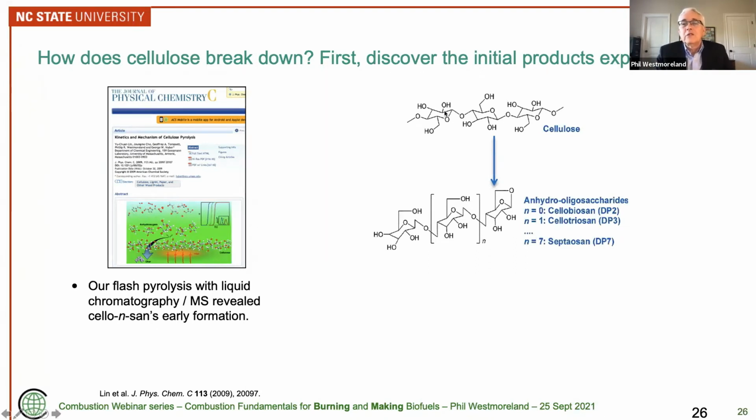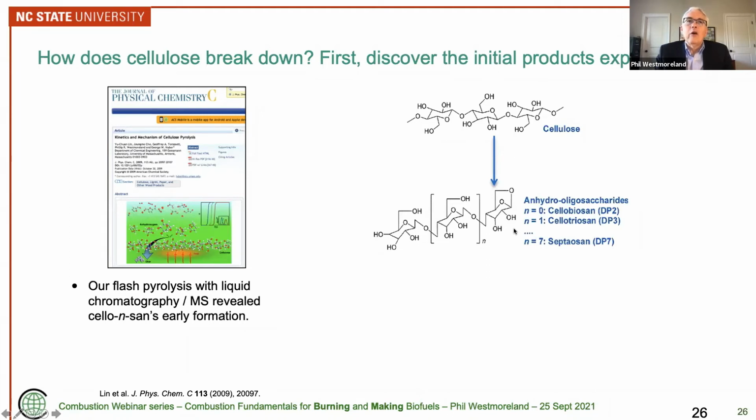Here's our cellulose, sort of just a stick figure version with these glucose rings, a polyglucose. And then what we were seeing was that we were forming a glucose attached to a levoglucosan, a diglucose attached to a cellobiose, attached to a levoglucosan, a cellobiosan, triosan, up to 7 in this group here.